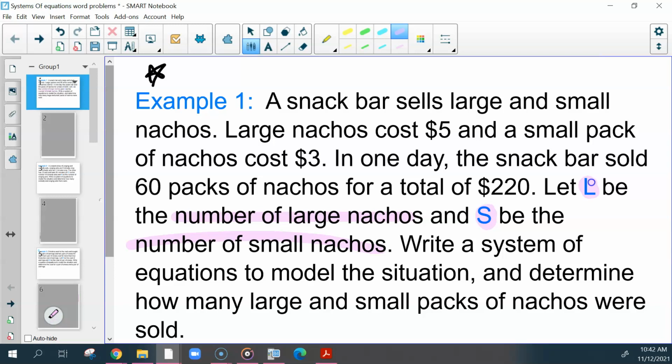Was there anything else that you found to be important? $60 of nachos, total of $220. Anything else?